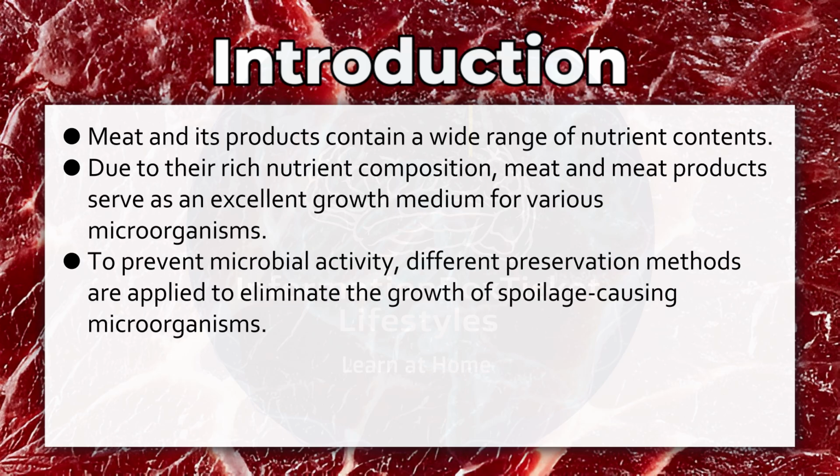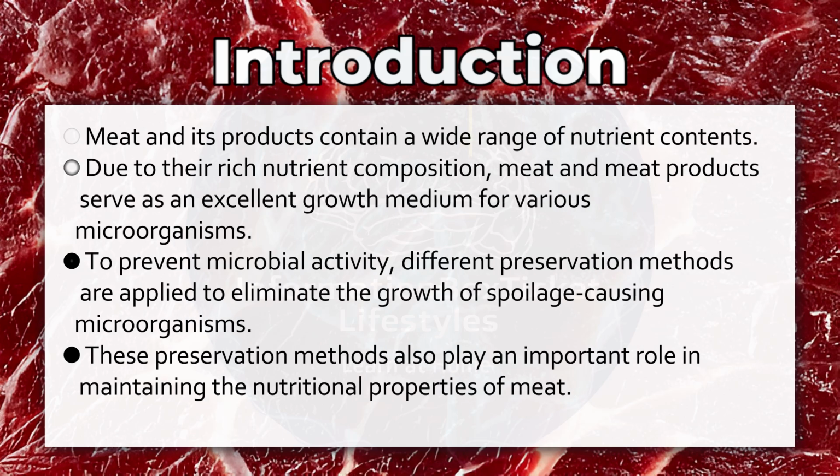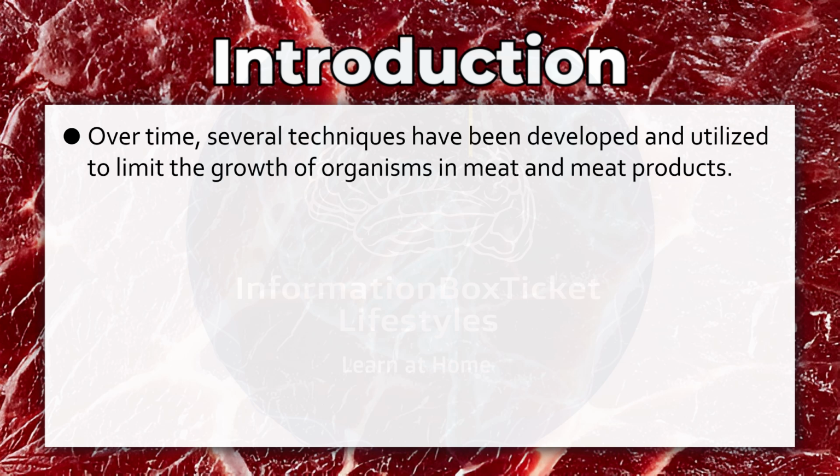To prevent microbial activity, different preservation methods are applied to eliminate the growth of spoilage-causing microorganisms. These preservation methods also play an important role in maintaining the nutritional properties of meat. Over time, several techniques have been developed and utilized to limit the growth of organisms in meat and meat products.